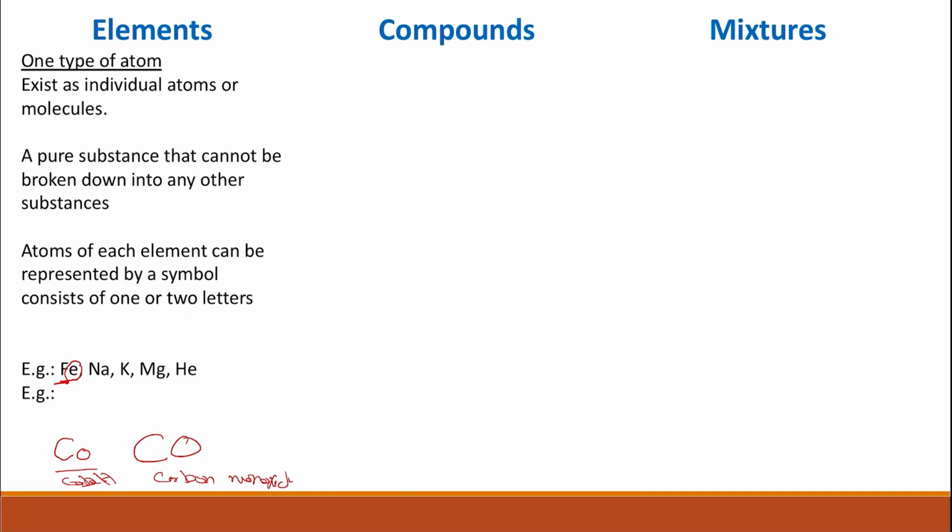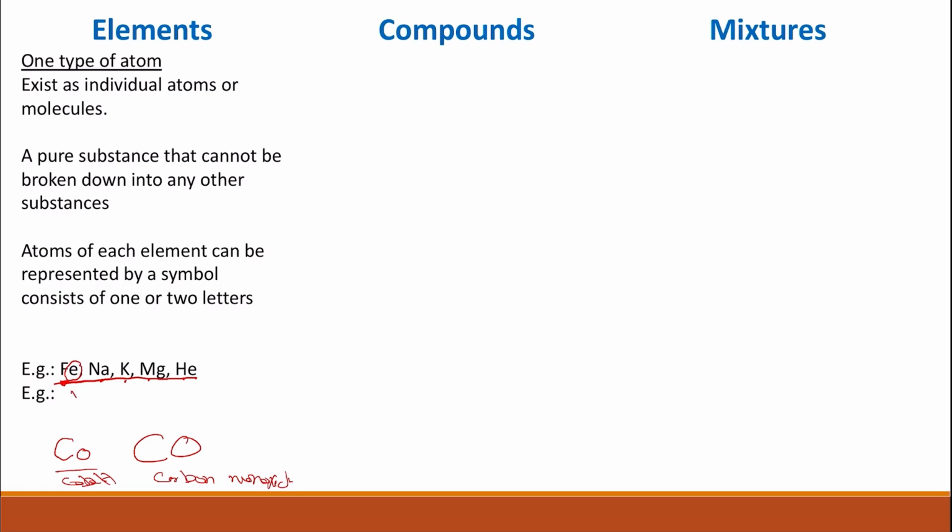When you represent the element as well, you have to take into account the form of its existence, whether it's an individual atom or is it a molecule. So the elements here you can find they all exist as individual atoms. So iron, sodium, potassium, magnesium, helium all exist as individual atoms, while there are other elements which exist as molecules.